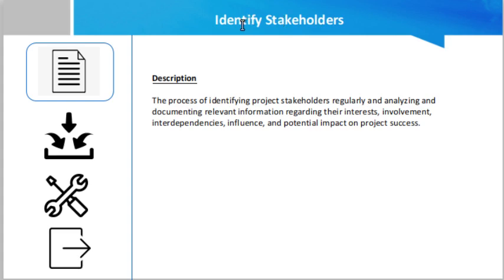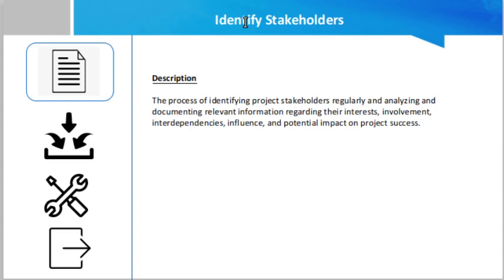Now, Identify Stakeholders means that whenever you are going to implement a project, you must identify the stakeholders. Identification means that you list down the stakeholders from the customer side, especially, and from the vendor side as well. Stakeholders can be external or internal.